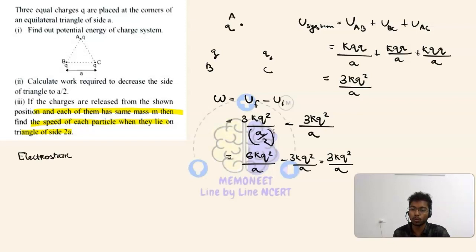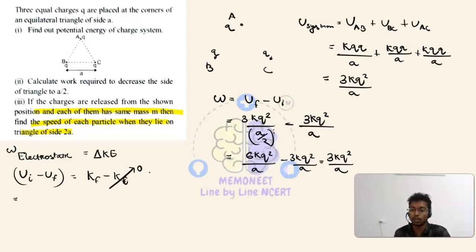The work done by the electrostatic force must be equal to the change in kinetic energy. We know that work done by electrostatic force is the negative of the change in potential energy, that is U initial minus U final, equal to K final minus K initial. And K initial is 0, since we are releasing it.